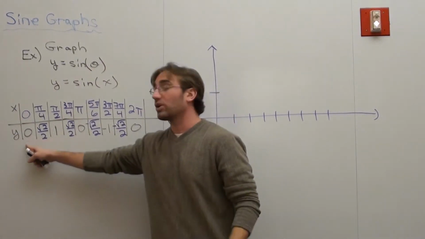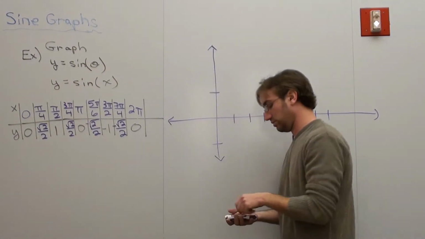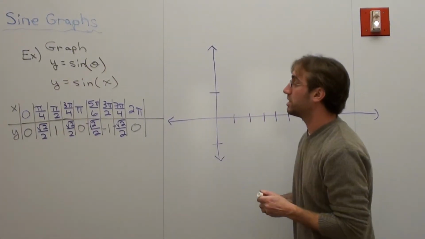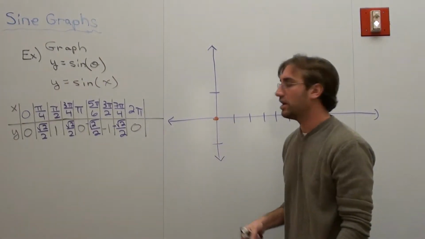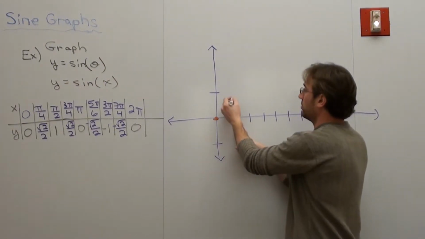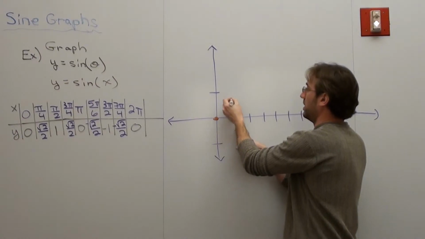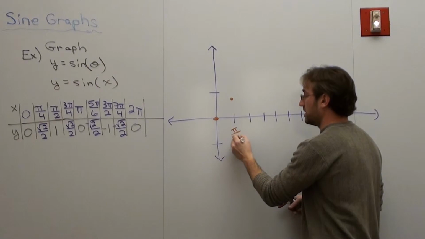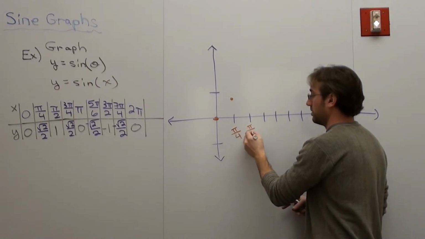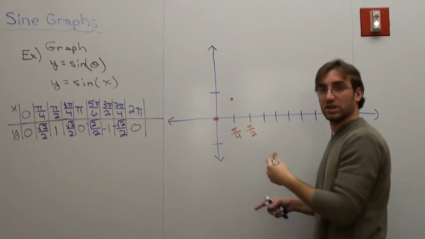If I want to graph this now, probably do this in a different marker. 0, 0 is right here. That's easy. Pi over 4 and root 2 over 2, probably like right there. Pi over 2, because each one here is in increments of pi over 4. That's what I'm doing.